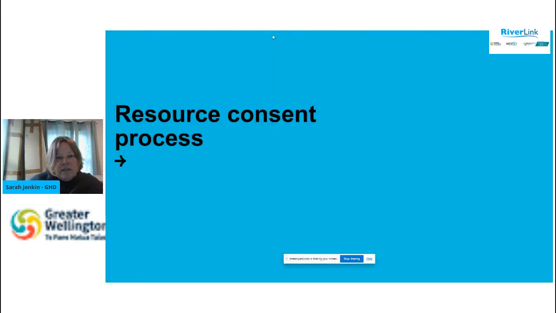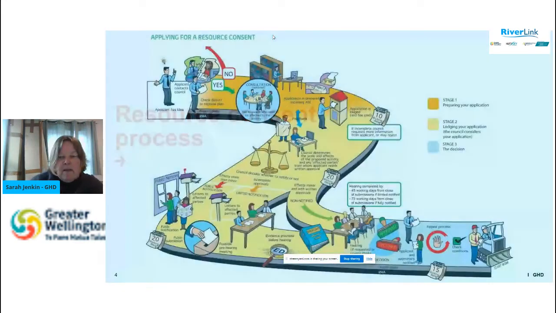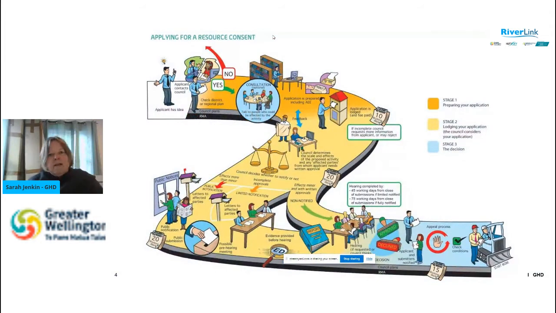So, resource consent process. This is an image that the Ministry for the Environment, or MFE, prepared a number of years ago, but it's still really relevant, I think. And I'm just going to quickly walk people through where we're at. So the applicant has an idea. In this case, it's RiverLink.